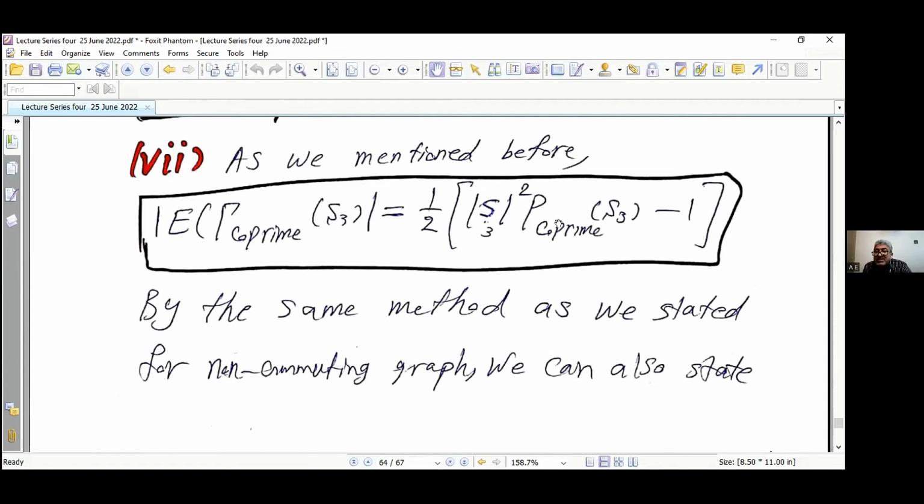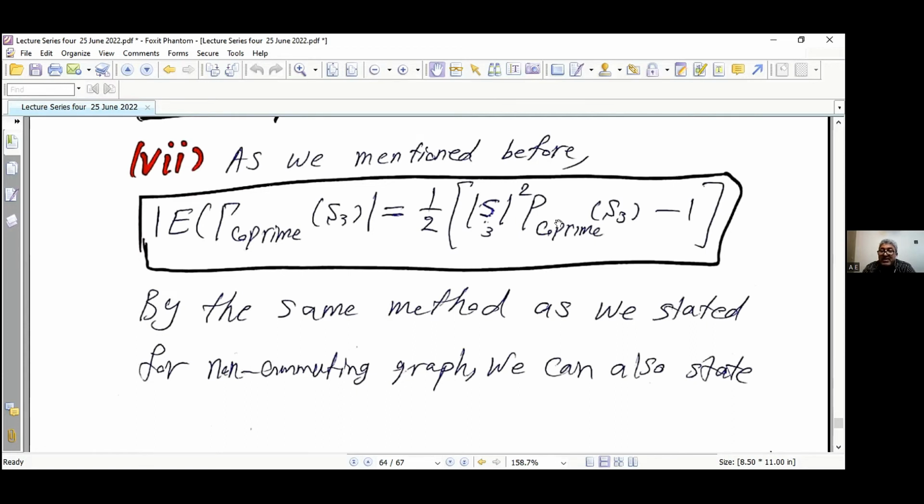So look at the adjacency matrix of the co-prime graph of S3. What's the number of ones if you add all entries of the adjacency matrix? You know, in the adjacency matrix we have some zeros and we have some ones. The number of ones is the number of pairs which have co-prime order, right?